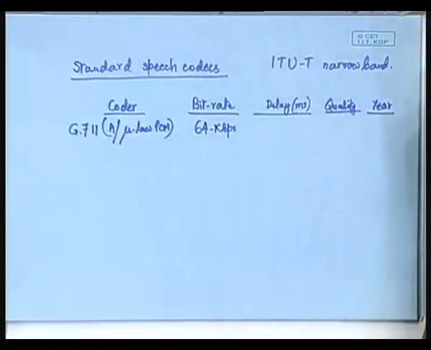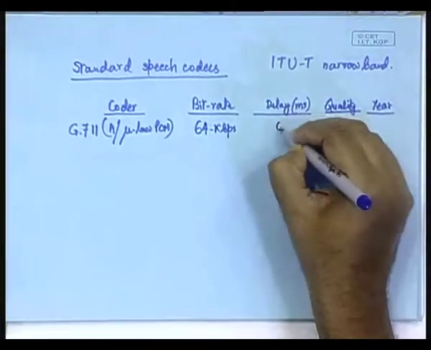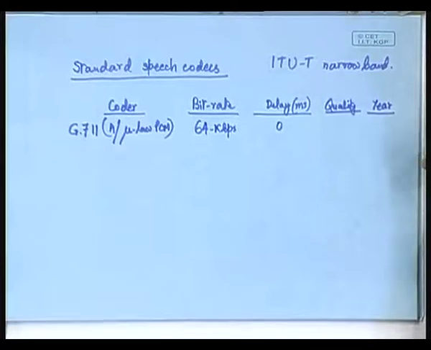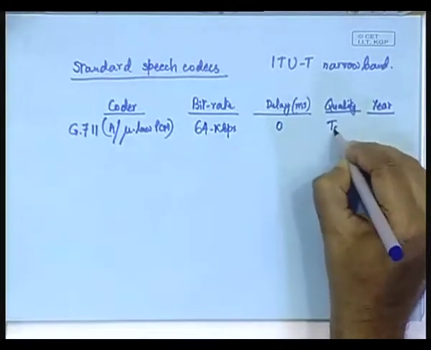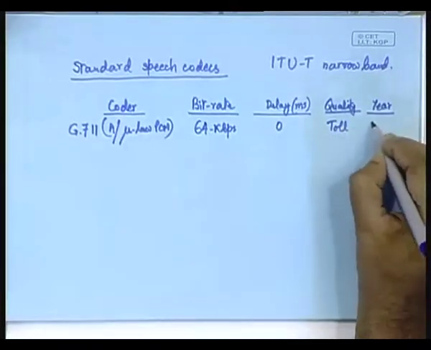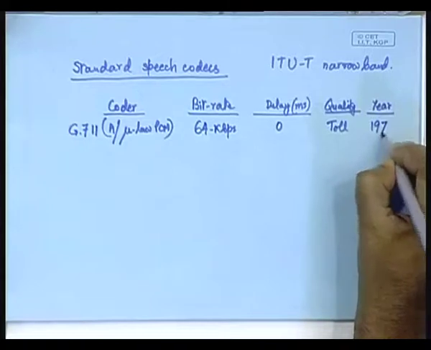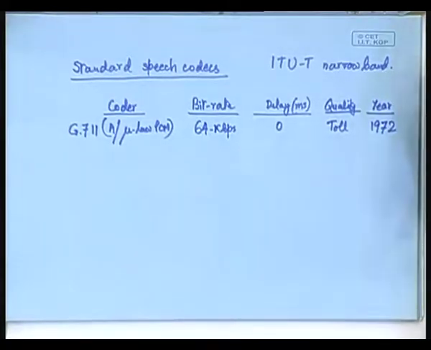In today's technology 64 kilobits per second is definitely high, but going by the coding delays and the quality, it is really very good; its delay is almost 0 milliseconds. Forget about the transmission delay, but as far as the algorithmic and computational delays are concerned, it is 0. And the quality that this delivers is toll quality, and this was adopted way back in 1972. So, 35 years back from today.